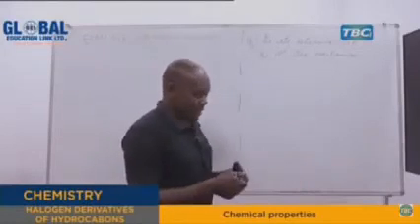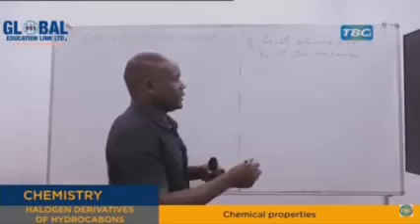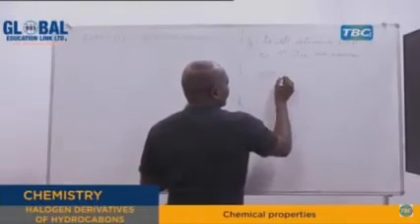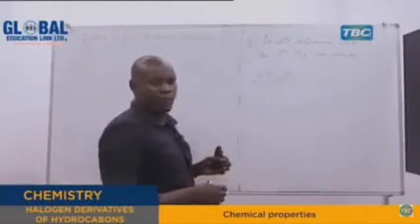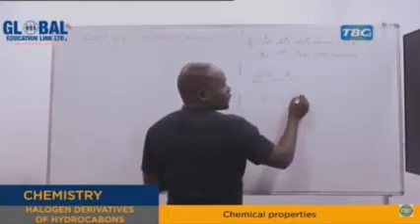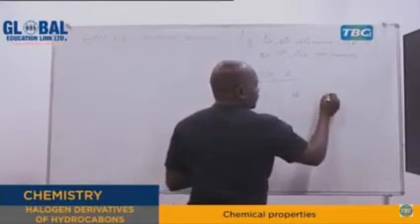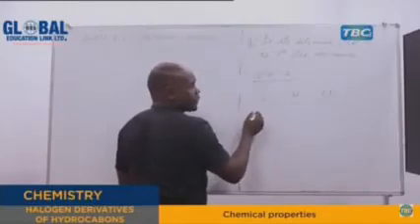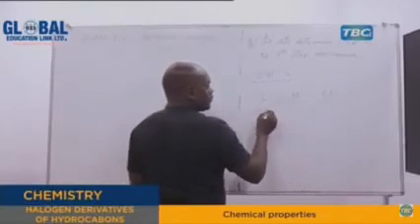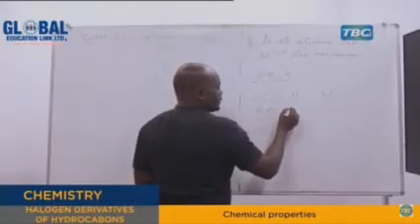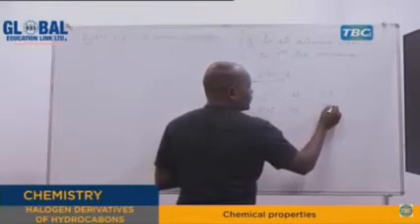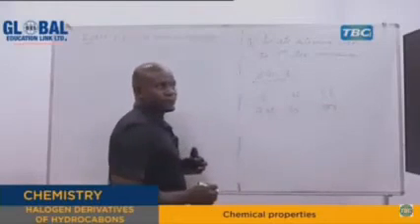To answer the first part, let us construct a table. The compound contains carbon, hydrogen, and chlorine. The percentage of carbon is 66.4, that of hydrogen is 5.5, and that of chlorine is 28.1.